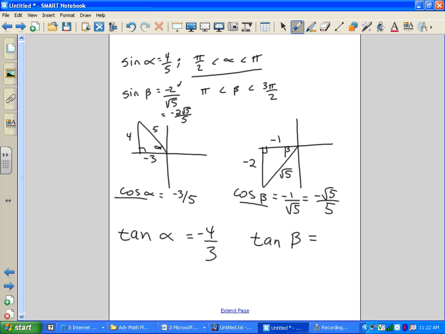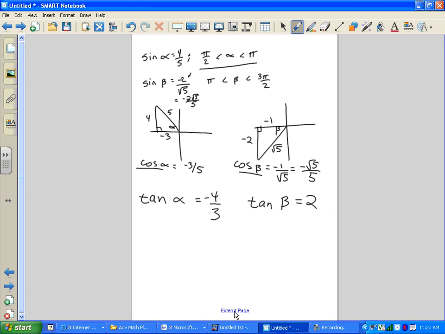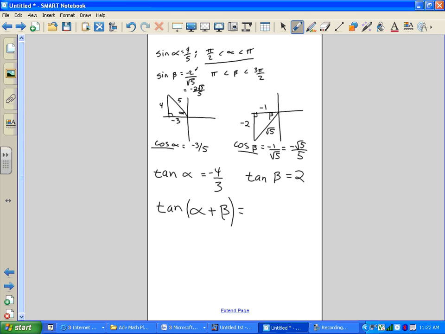Okay. All right, so now let's find on this one the tangent of alpha plus beta. Okay, so I'm going to look at my formula first here. That's the sum formula for tangent, right? So you'll look on your reference sheet. And you're going to get used to these, and probably sooner or later you'll actually start memorizing your sum and differences a little bit.